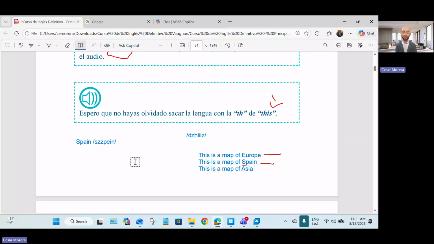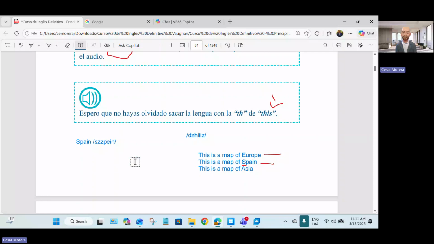Now let's go with this other map. Let me change to a blue color for now. It will be a light blue. And we are going to do the following. This is a map of Italy. This is a map of Germany. This is a map of Great Britain.